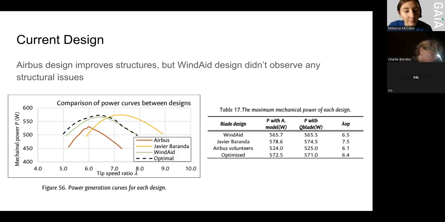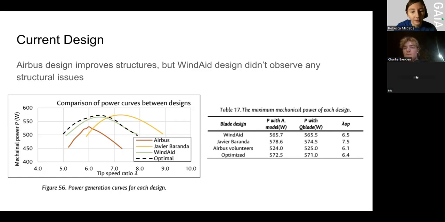But basically it's power as a function of tip speed ratio, coming from all the aerodynamic data, like the airfoil coefficients of lift and drag and angles across the blade.